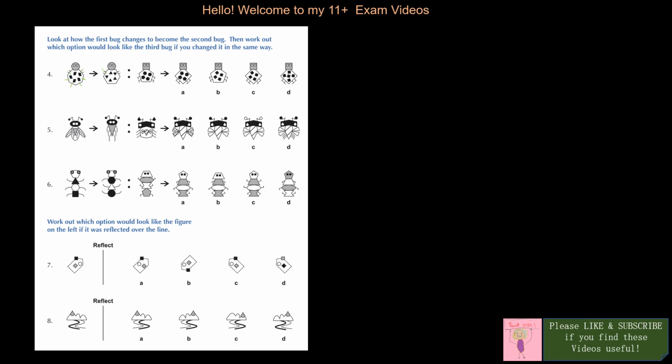And this becomes 1, 2, 3, 4, 5. So the outer one is changing, it's 1 less. So a hexagon to pentagon. This is 1, 2, 3, 4, 5, so it should be 4. It should be a square. This is a square, this is a square. This is not the answer anyway.